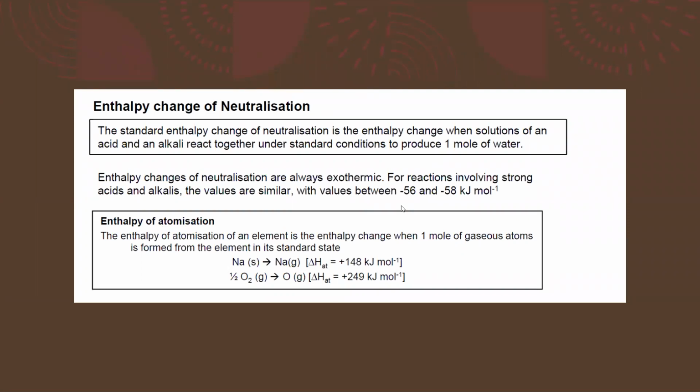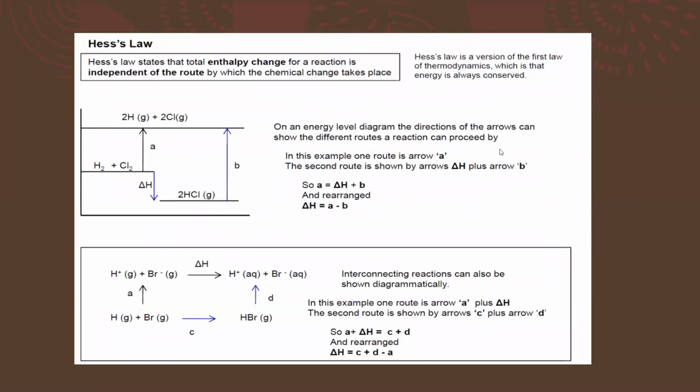Now, how do we calculate these enthalpy changes? We can use Hess's law, or an application of Hess's law, the Born-Haber cycle. What is Hess's law? It states that the overall energy change is independent of the route or the path which we follow. So energy change does not depend on what route or path we are following.